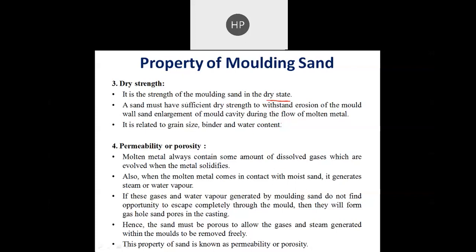Okay, so now why does this dry strength come? Because, as we know, again the same diagram. Here this is our mold box, and in that we have already generated a hollow cavity by removing the pattern.